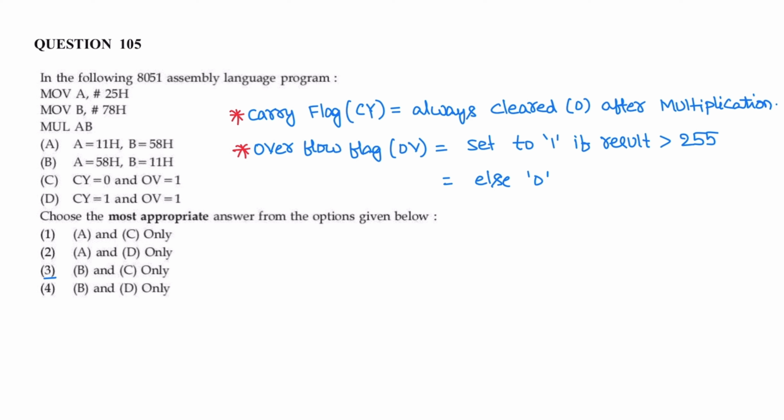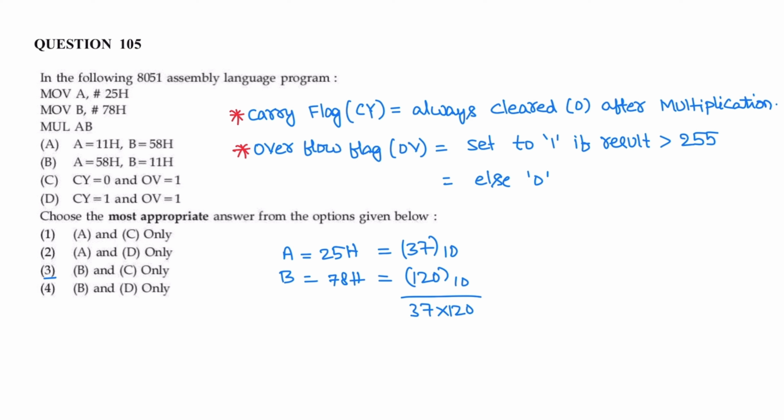The contents of A is 25H. The contents of B is 78H. 25H in hexadecimal is equivalent to 37 in decimal. 78H in hexadecimal is equivalent to 120 in decimal. Now multiply this 37 and 120.